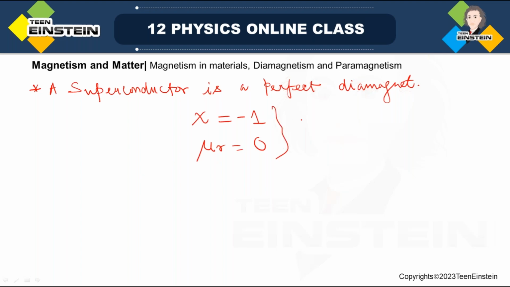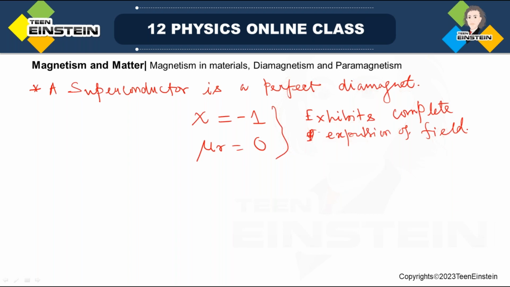That means it exhibits complete expulsion of field lines. See, it expels, right?